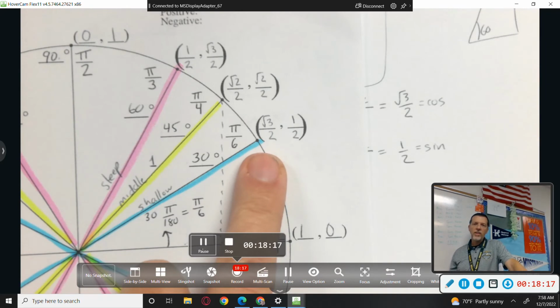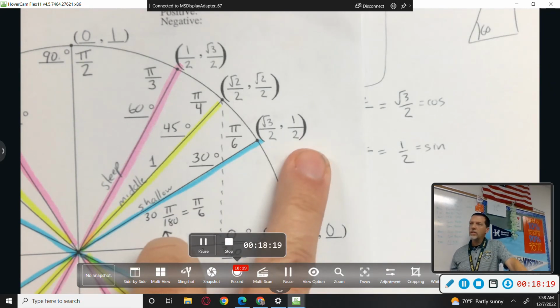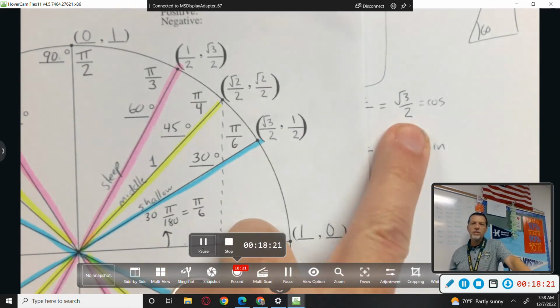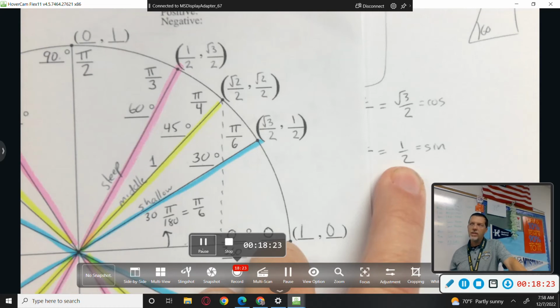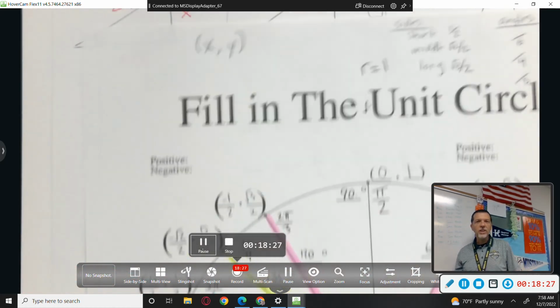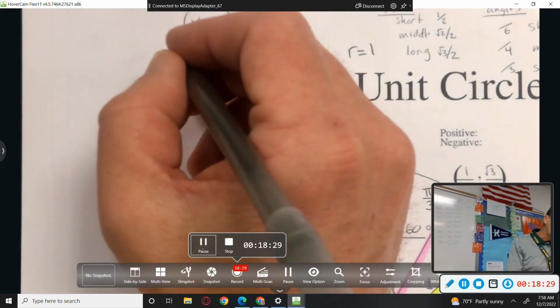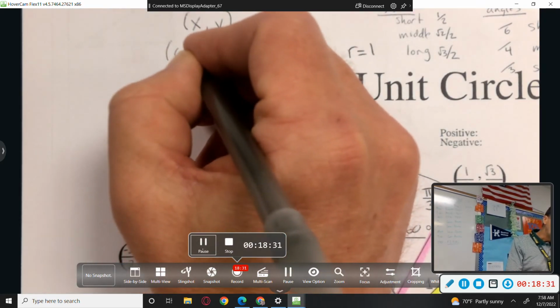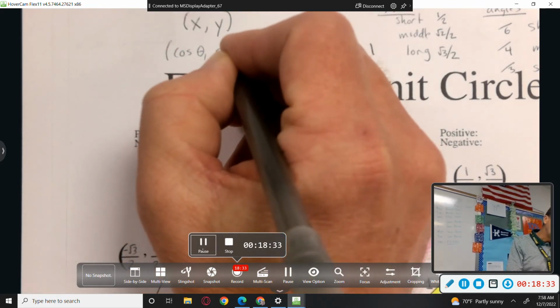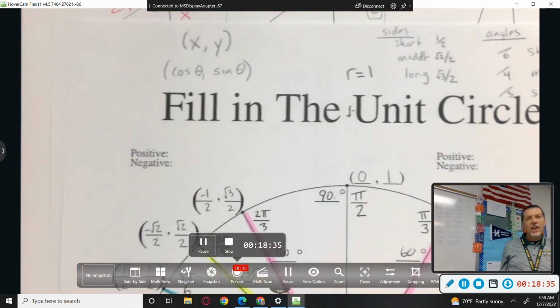The x value is root 3 over 2, the y value is 1/2. The cosine is root 3 over 2, and the sine is 1/2. So this is the big deal for the unit circle: yes, it's x comma y, but it's also cosine of the angle comma sine of the angle.